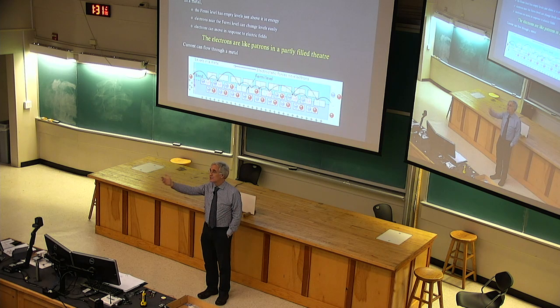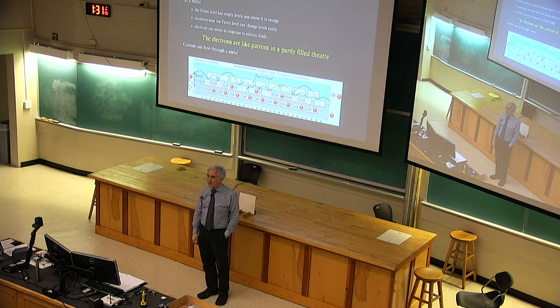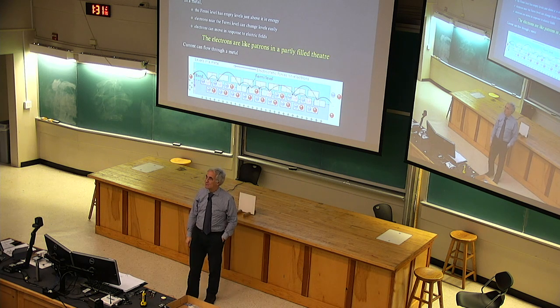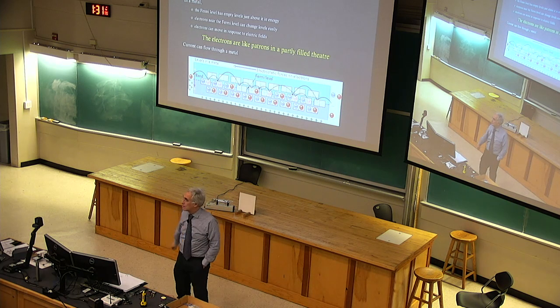So all the metals that you've encountered fit this bill. When the electrons finally run out, they have partially filled bands, and it is energetically very easy for the electrons to shift into new standing waves and therefore make progress across the material.